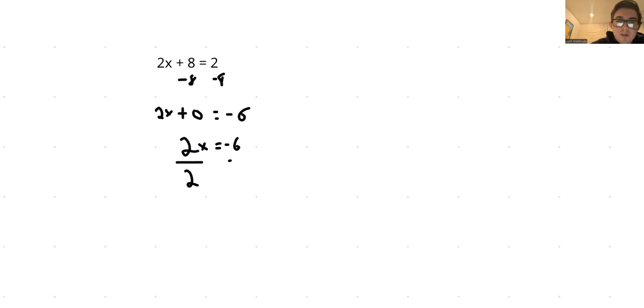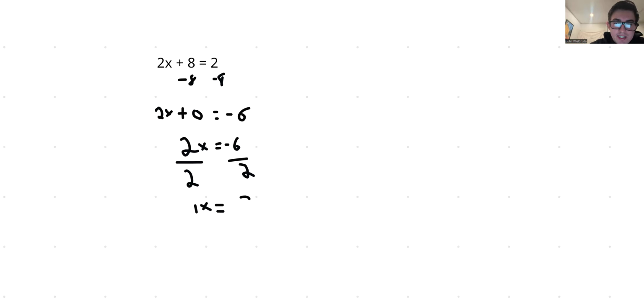So 2x over 2, that's just 1x, because 2 divided by 2 is 1. And then don't let the negative fool you. We divide this just like we would positive numbers. We can ignore the negative for a second and pretend it's not there. 6 over 2 is 3, and then bring the negative down, and that's -3. So -6 over 2 is -3, and 1x is the same thing as just saying x.